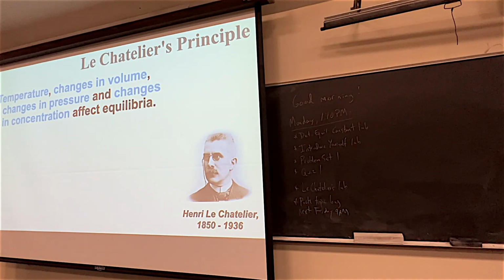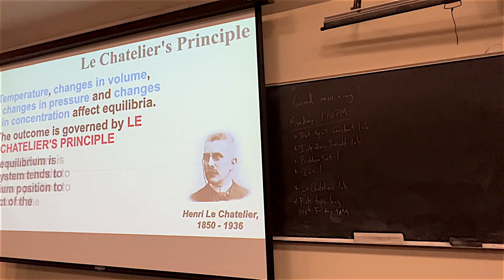And you can definitely change the concentrations of things. And if you change it, the chemical system reacts to kind of compensate for what you've changed. And it's a real interesting theory that works amazingly well. It's definitely kind of what I call a back of the envelope thing.